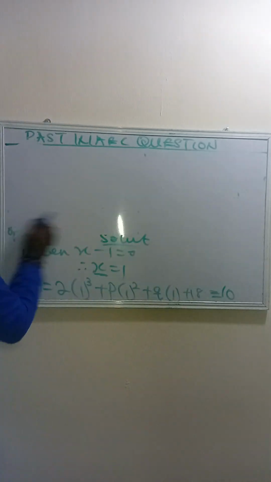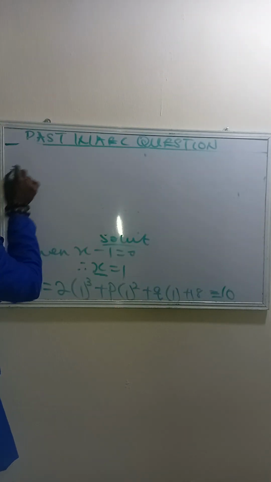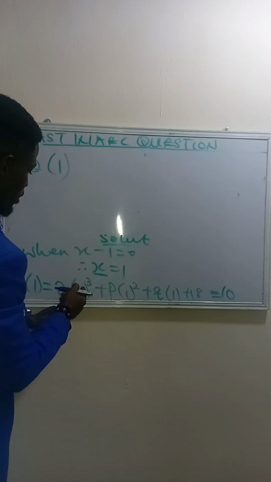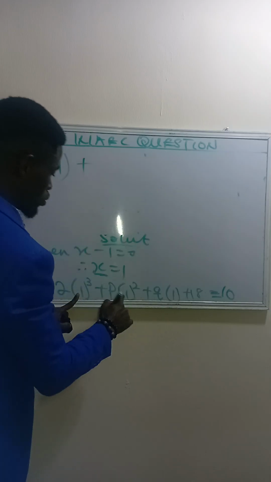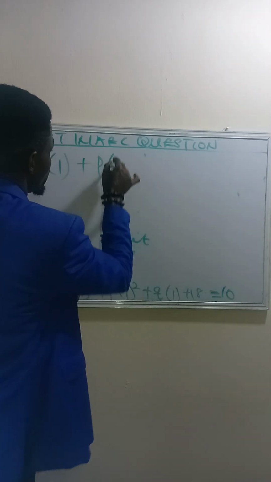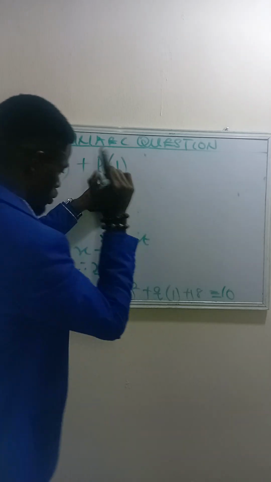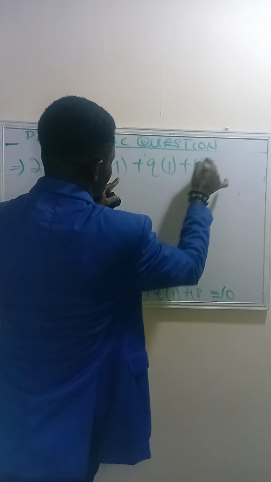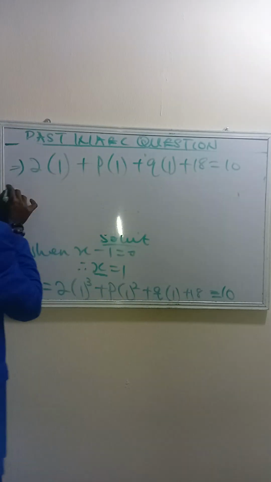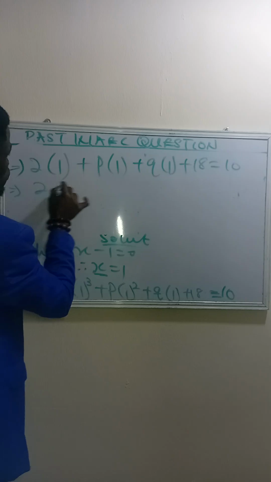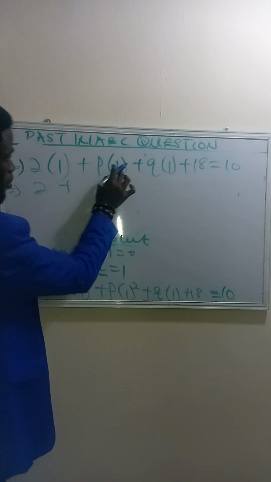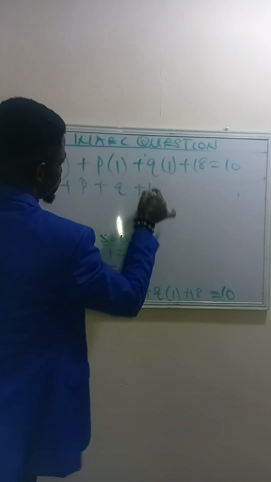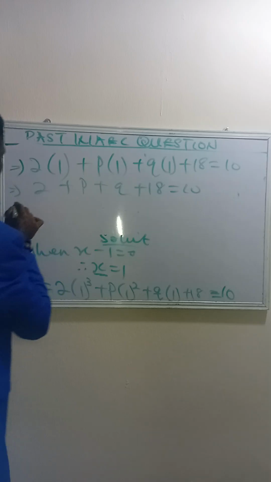So this will give you 2 bracket 1, that is 1 raised to power 3 is 1, then plus p, 1 raised to power 2 is 1, then plus q bracket 1, plus 18 equals 10. So 2 multiplied by 1 gives 2, plus p multiplied by 1 gives p, plus q multiplied by 1 gives q, plus 18 equals 10.